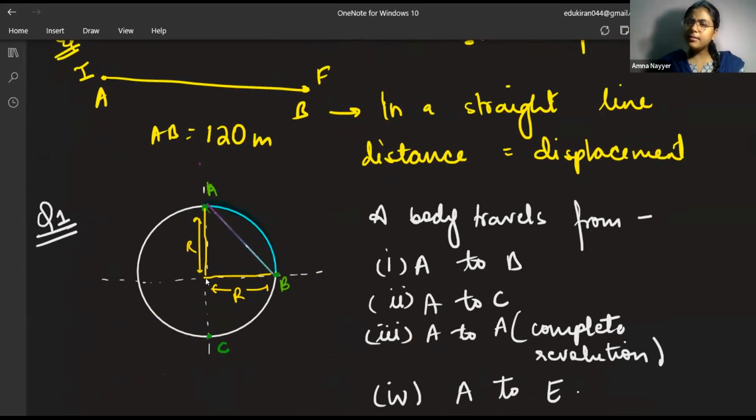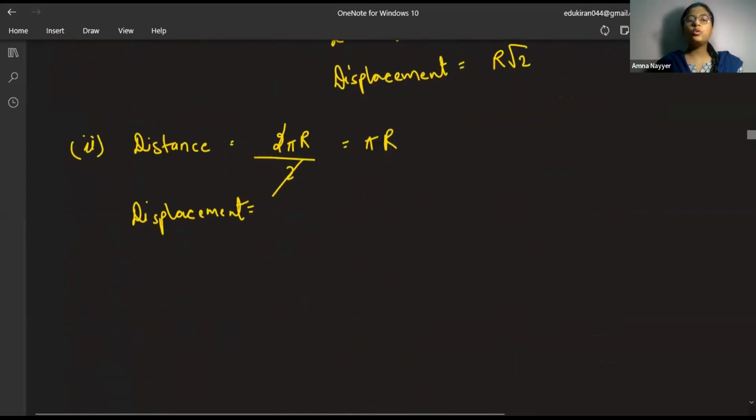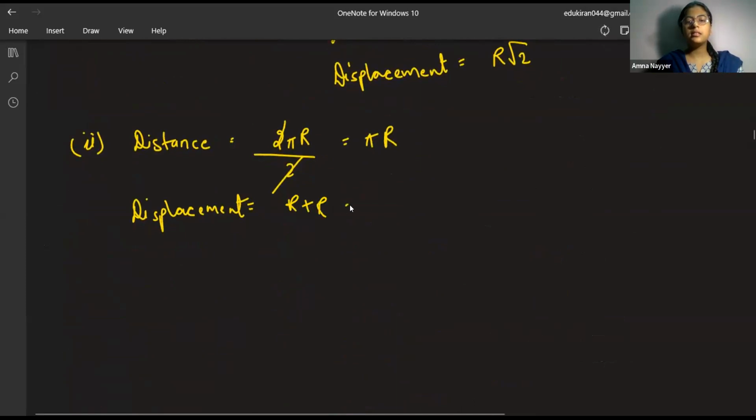So radius is same, no, in a circle. It's not like at the top you have a certain distance and then at the edges it becomes thicker. No, entire circle has the same radius. So this part is also r class. So total displacement, that is this part, becomes r plus r, which is 2r. Clear? This is how we find out.